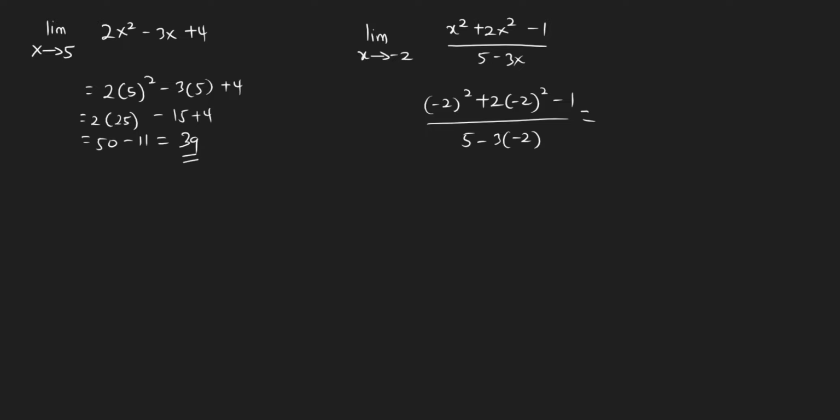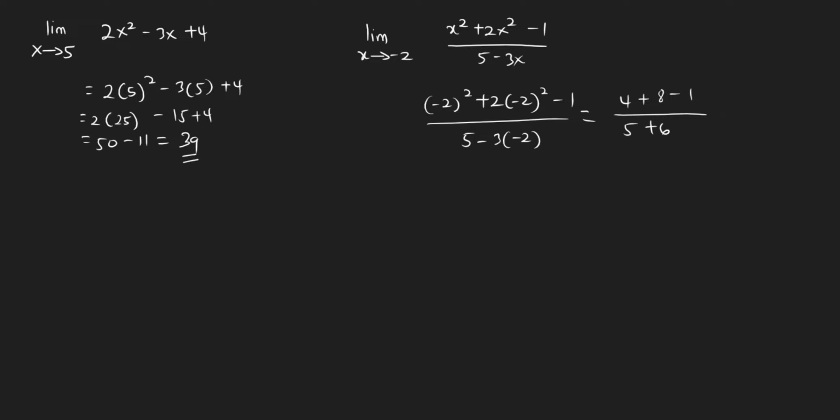Let's simplify this. Minus 2 squared gives us 4. Then plus 2 multiplied by minus 2 squared, which gives us 8, plus 8 minus 1, divided by 5 plus 6.